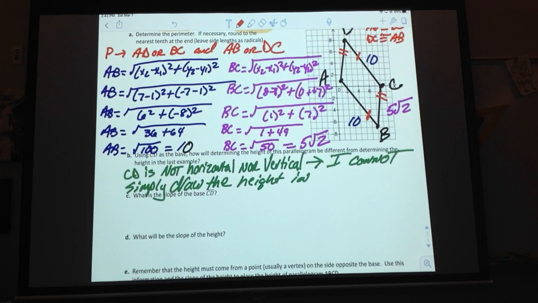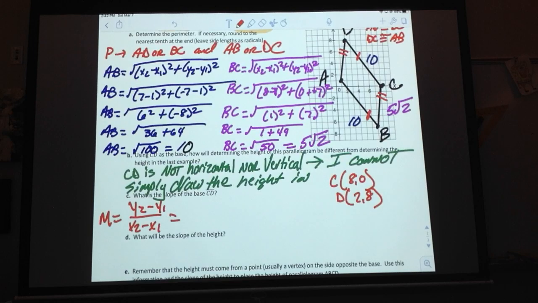Remember, the slope formula is y2 minus y1 all over x2 minus x1. And I know that C, where is C at? C is at the point 8, 0. It's off my paper, so I'm trying to draw it right here. And D is at 2, 8. I've got to find the slope of CD.